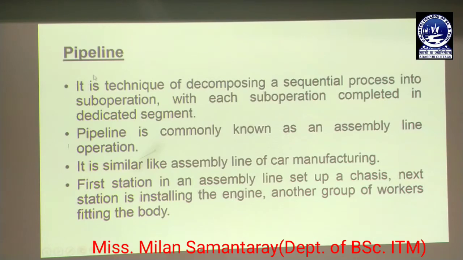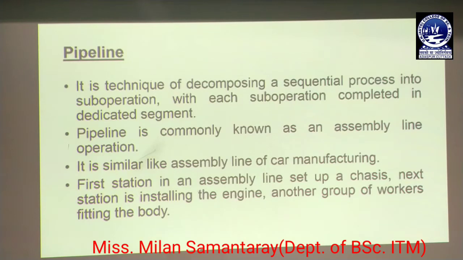By using this technique, when an operation takes much more time, that operation is divided into a number of operations, called sub operations, and each sub operation has to be completed in a specific time period. And pipeline is also sometimes called assembly line operations.